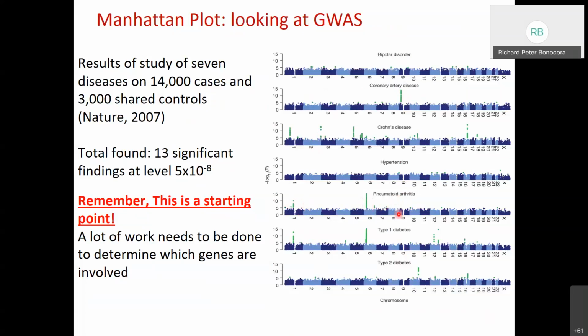Sorry, this is type 1 diabetes. The name is below it. You can see that there are some similarities between that and type 2 diabetes, but there are some points that are distinct between these two forms of diabetes. So this is a good starting point for looking through a lot of information and determining what genes might be important.